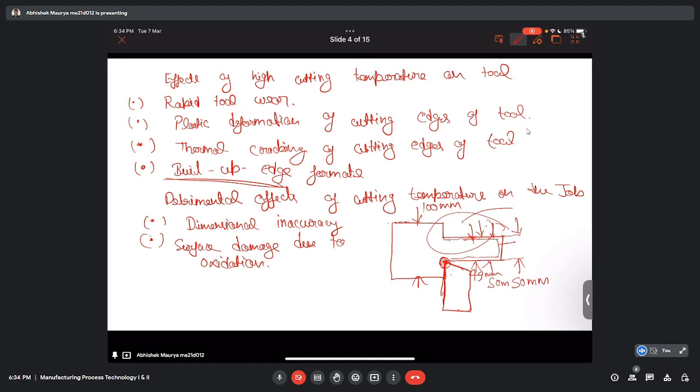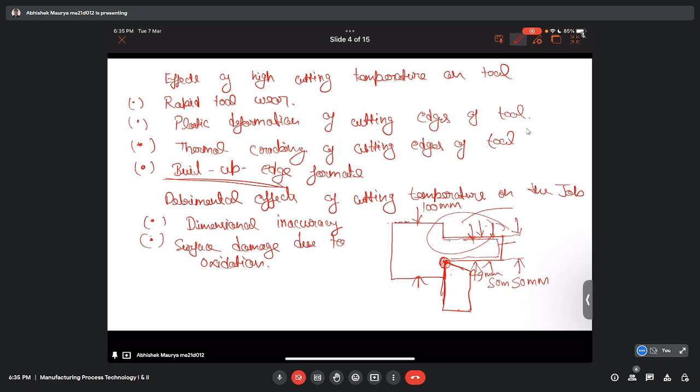So basically, if we are expecting good ductility or good strength, the component which we will get, its surface property will get changed because some oxide layer has deposited, and that will have different properties than what we were looking for. So that is another detrimental effect.